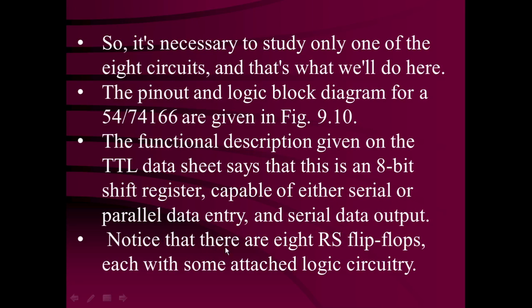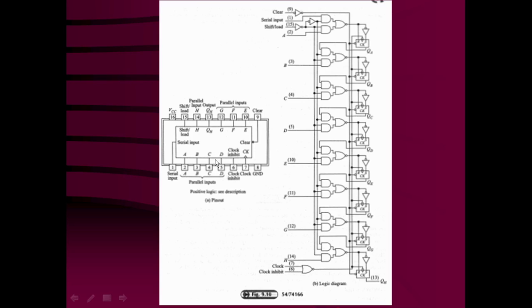Notice that there are 8 RS flip-flops, each with some attached logic circuitry. You can see that this is the internal block diagram of IC 5474166. And if you see this logic circuitry at a glance, at first you will feel that this circuit is very complicated and difficult to understand.